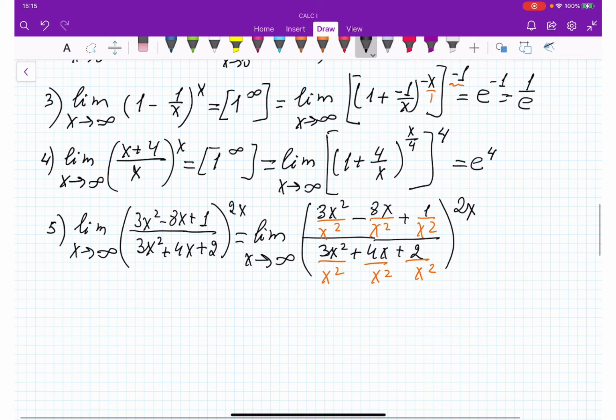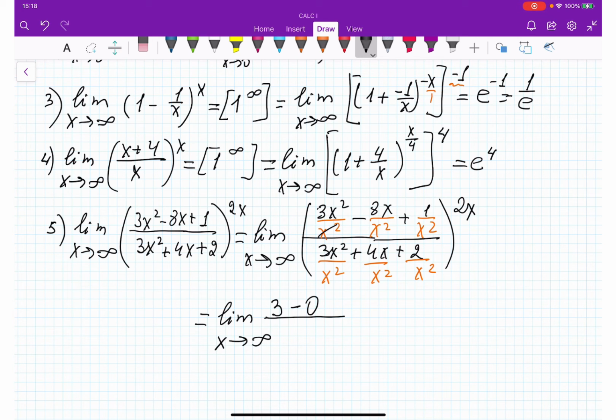So as a result, we are getting the limit as x approaches infinity of 3 minus 0, right? Because x squared here is gone. 8 over infinity is 0.